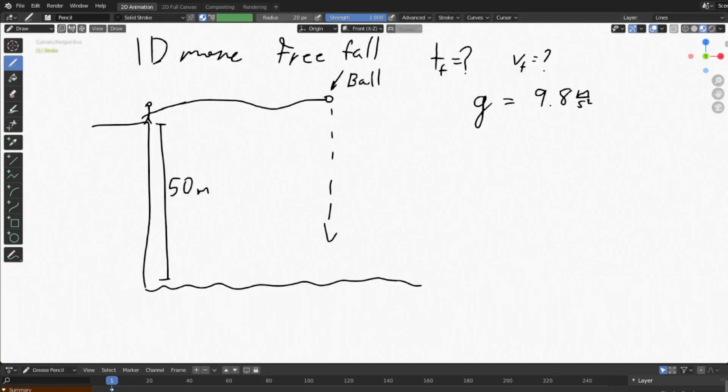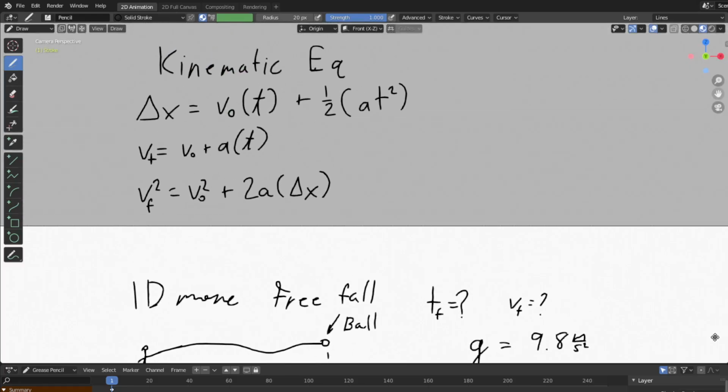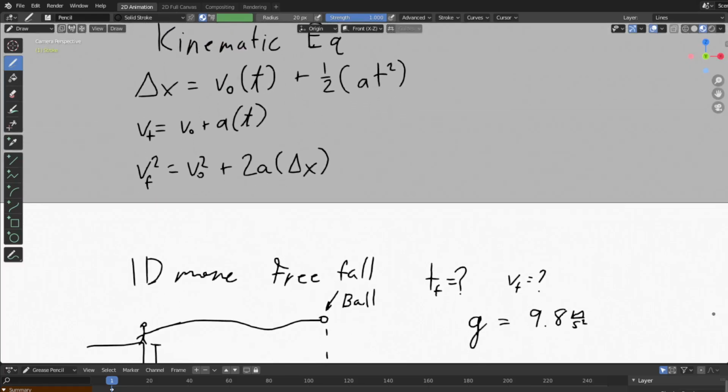So using our kinematic equation, we can see, well, what's the one that uses time when it hits the ground? This talks about v of t or v of f, depends on what it is. So we're going to use that for later. But usually when we're talking about free fall, we're going to use this big equation here, the quadratic one.